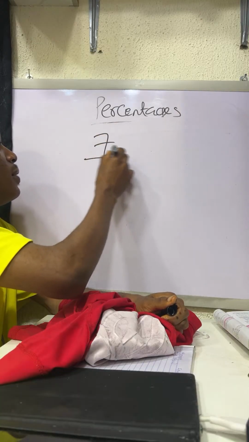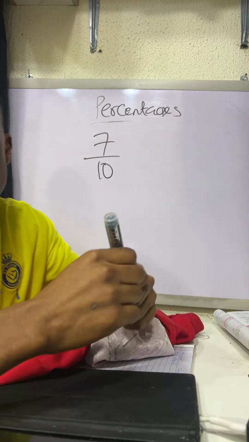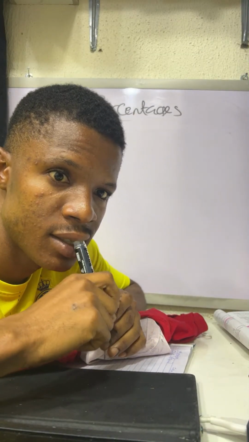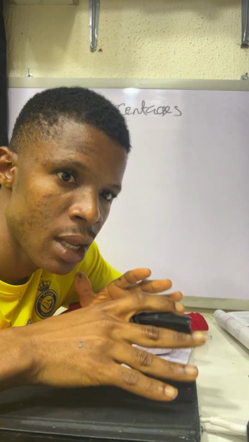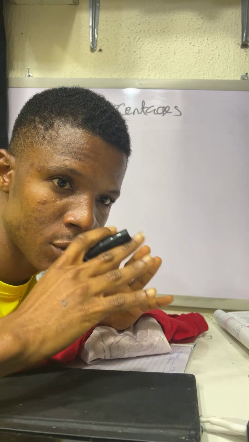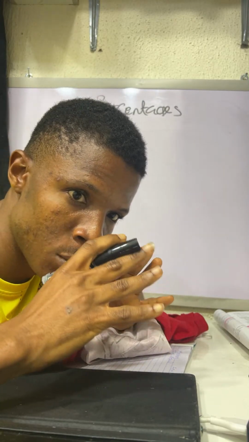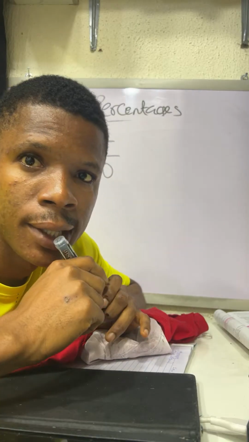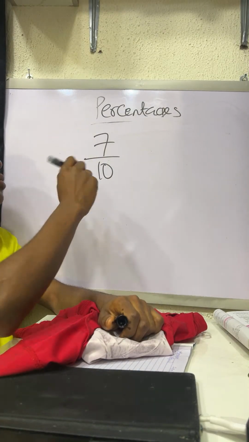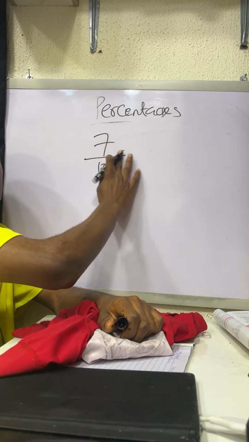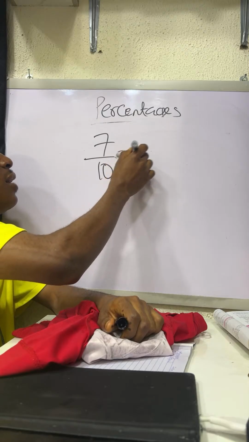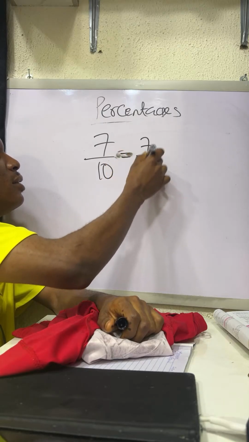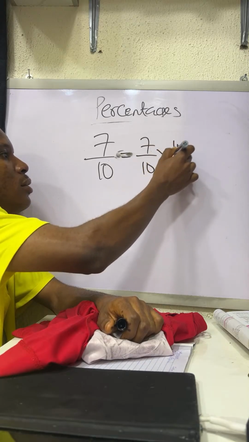Let's look at 7 over 10. Remember, we are trying to learn how to convert fractions to percentages, and to do that you just have to multiply the given fraction by 100 over 1. So you have 7 over 10 times 100 over 1.